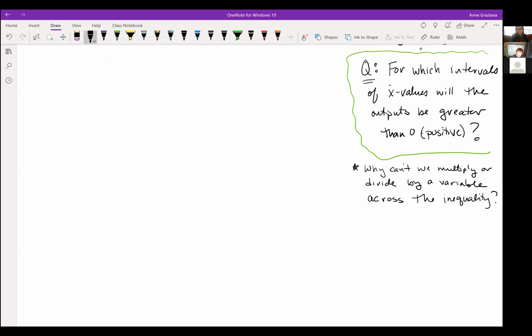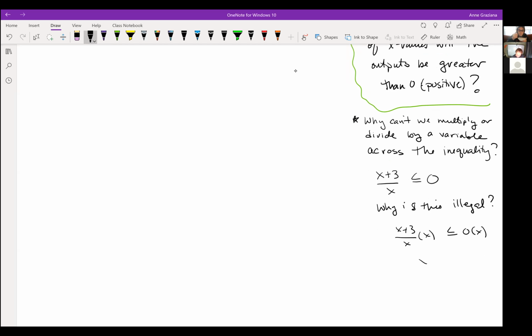Yes, very good. So if I have x plus 3 over x is less than or equal to 0, the question is, why is this illegal? There's another way of saying this. Why is this illegal? And Micah just said it. But you might be tempted to just clear that fraction, because that would make it easy, wouldn't it?